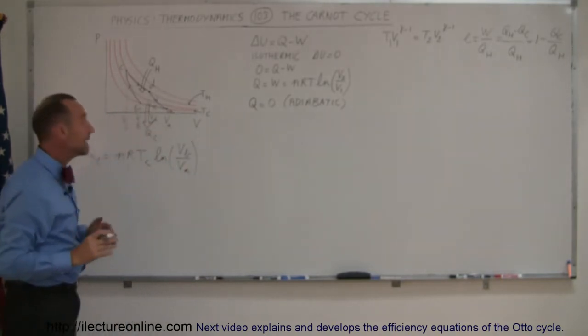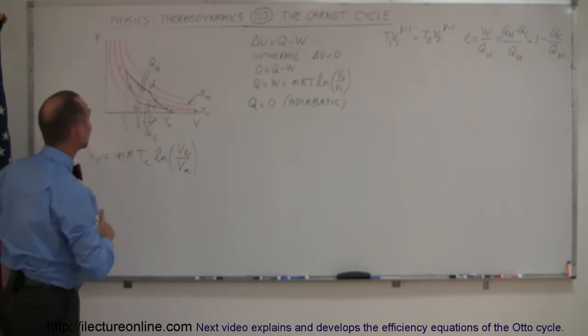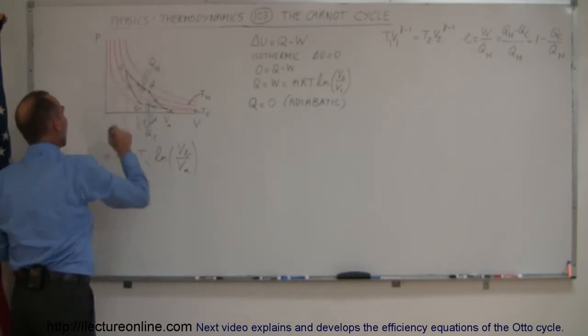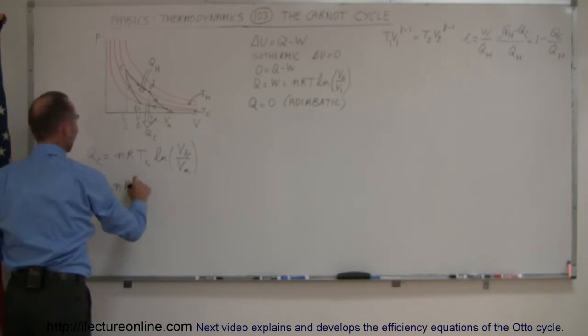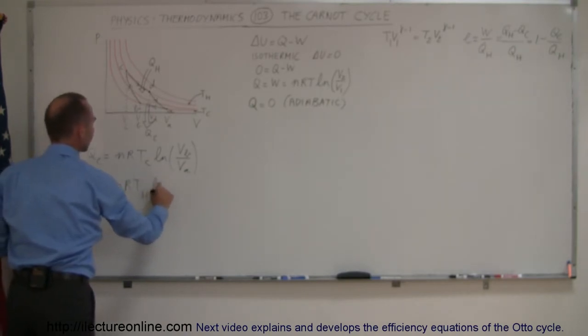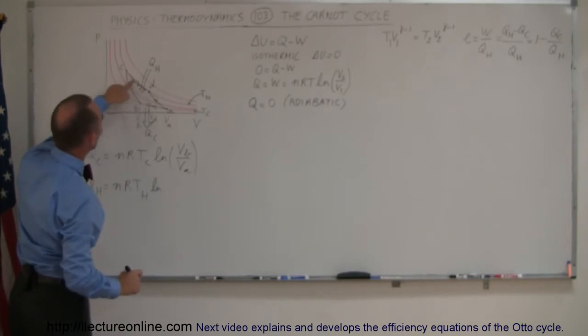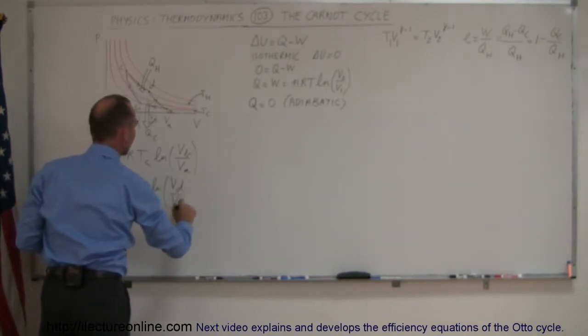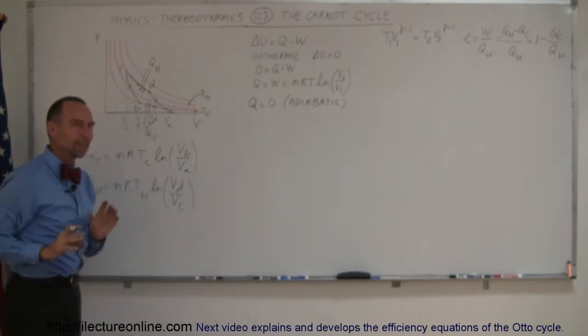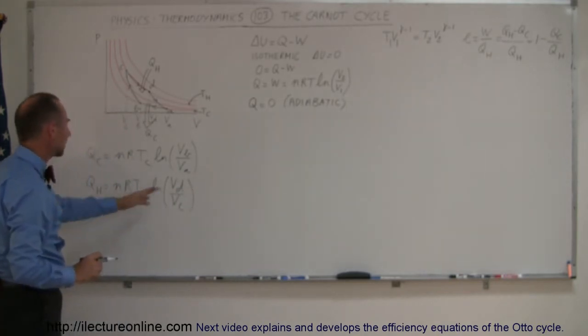Now, to find the heat being put into the system or into the cycle at the hot temperature, we have QH, and that is equal to nR times temperature H times the natural log, and again, that would be V final over V initial, so it would be VD over VC. Now, there's a mathematical trick here. We're going to take the negative of this.